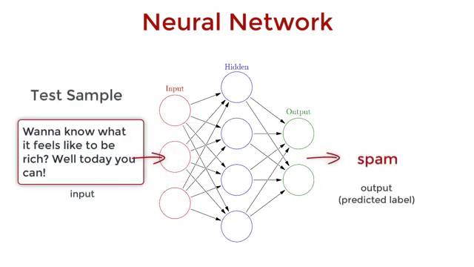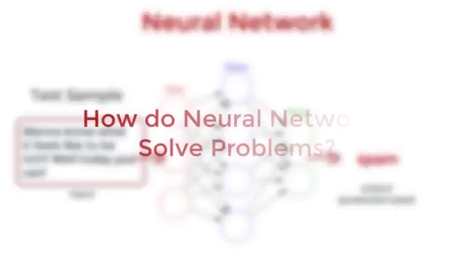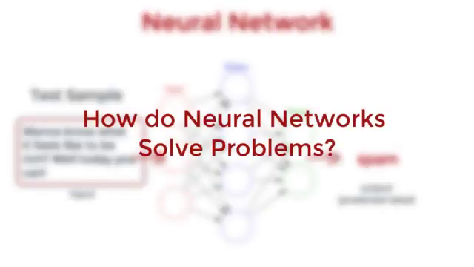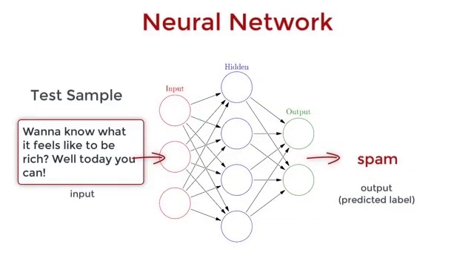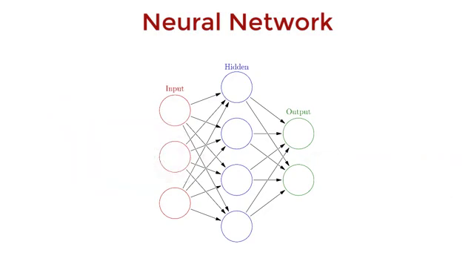We actually answered a major question here. How do neural networks learn to solve problems? It's through a number of forward propagations and backward propagations. With this, I think you have a basic idea behind a neural network and its structure, and also how it learns to solve problems. At least simple ones.